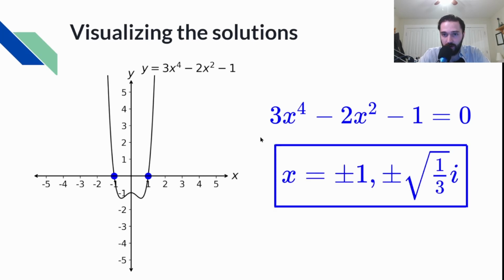We got x equals plus or minus 1 and plus or minus the square root of 1/3 i. We can visualize the real solutions because that's where the graph crosses the x-axis. We have plus or minus 1, so these points are given as negative 1 comma 0 and 1 comma 0.